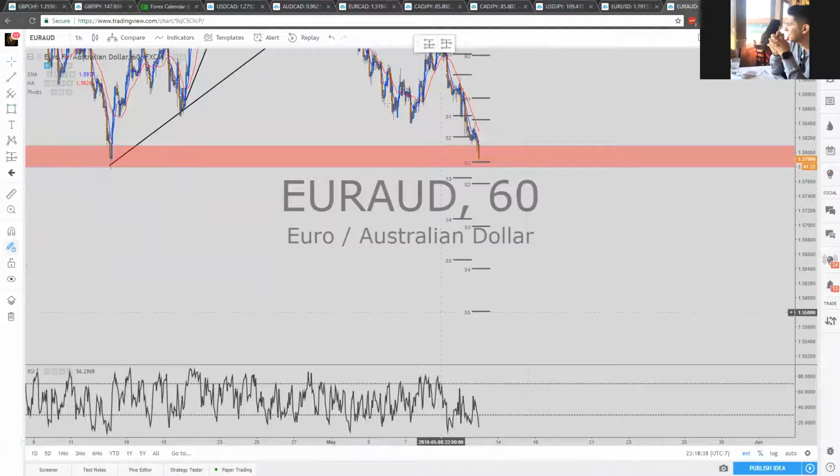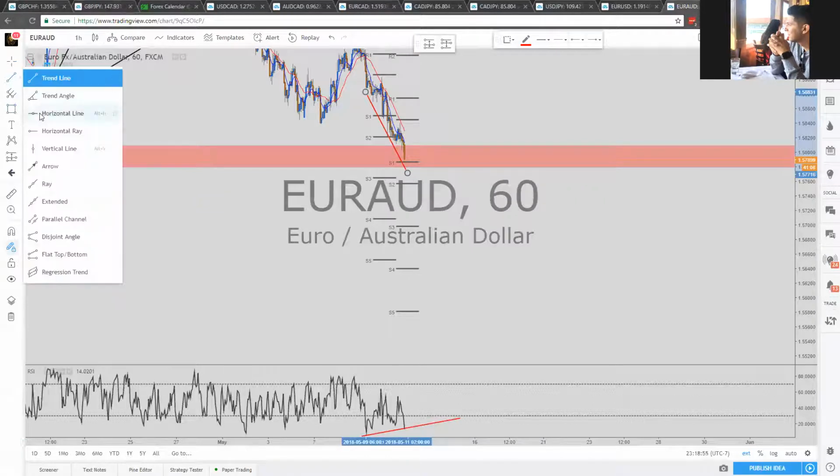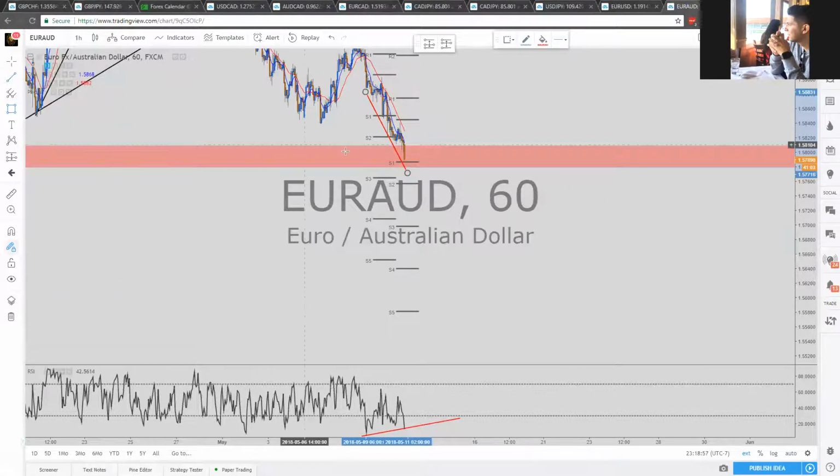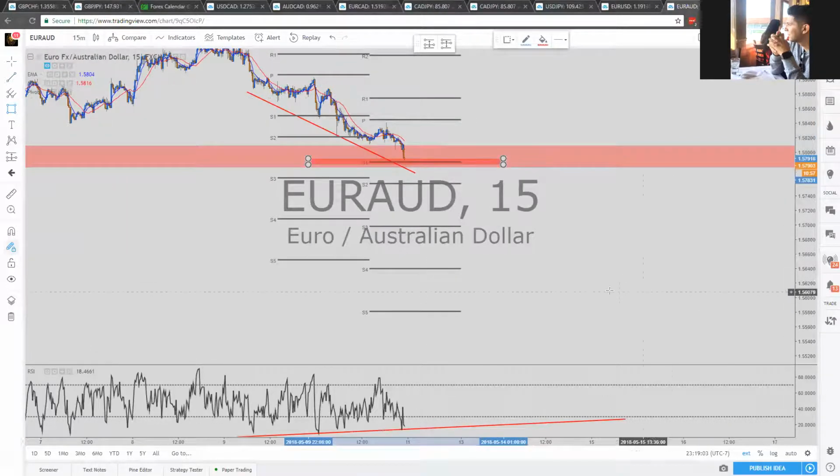And so price is showing some divergence throughout this entire thing. From this point going down, we see some good divergence happening. It's most likely going to hit off of this zone, probably even this support 1 level, and it's right now at it. So let's go on to the 15.